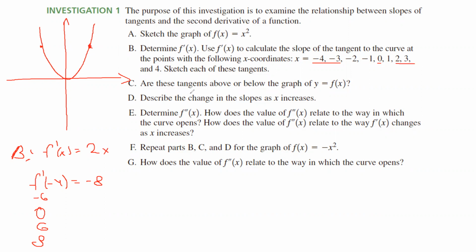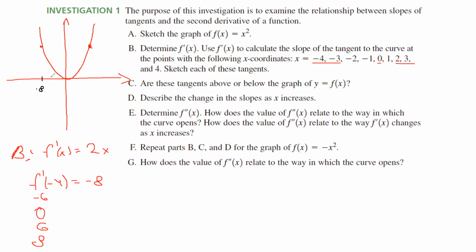So number C, are these tangents above or below the graph of y equals f of x? Let's imagine I know approximately how it should look like. Let's imagine I'm a robot that can draw a tangent line perfectly, okay? So I have point -8.